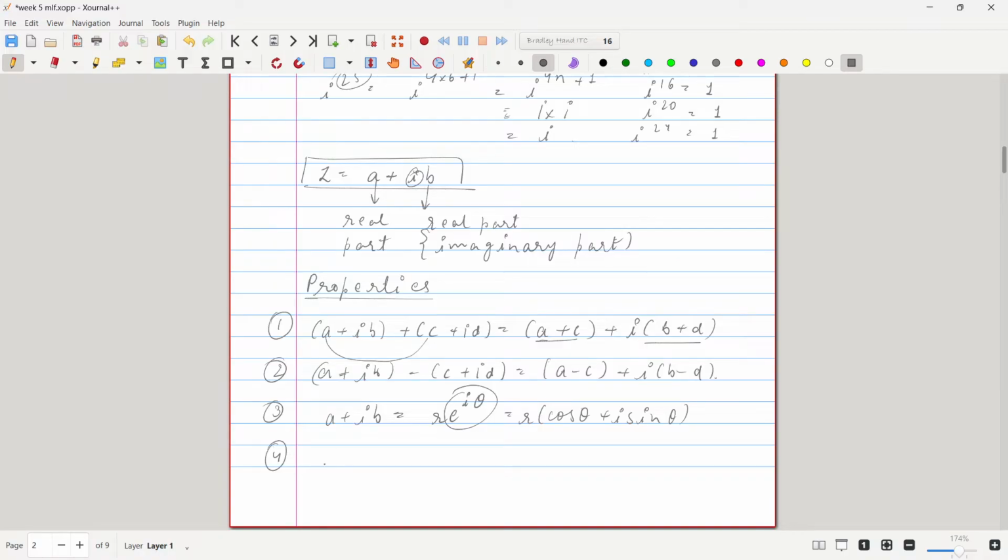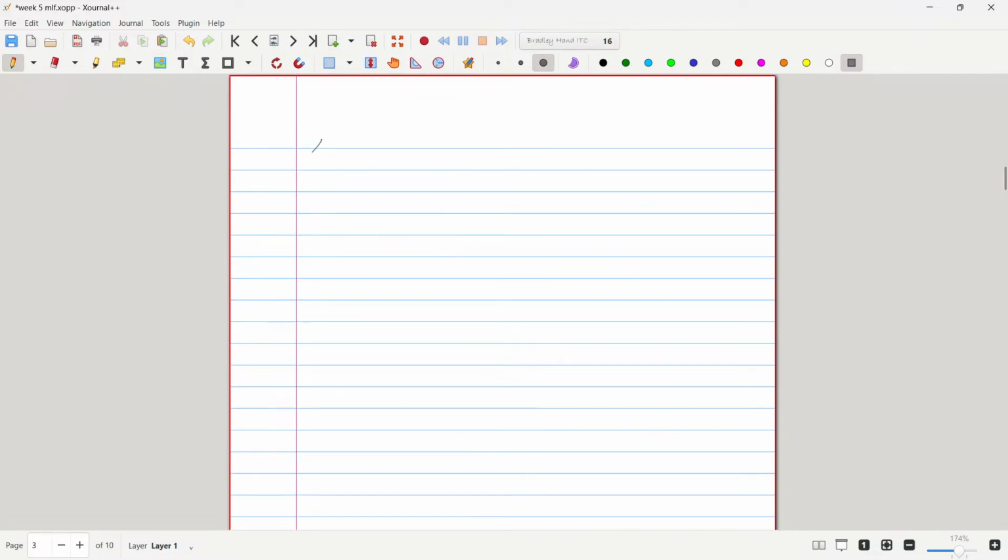Fourth one is, if you need to find the length of the complex number, r square is equal to a square plus b square. How? Let's add one more page. Suppose you have a complex number a plus iota b. You need to find the mod r. Then it is the square root of a square plus iota b square.